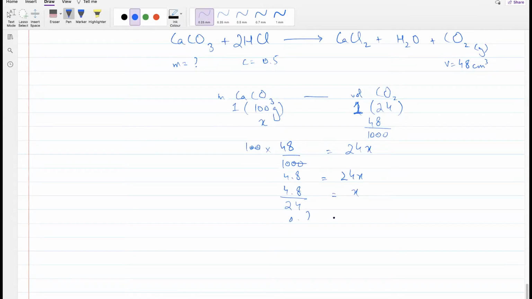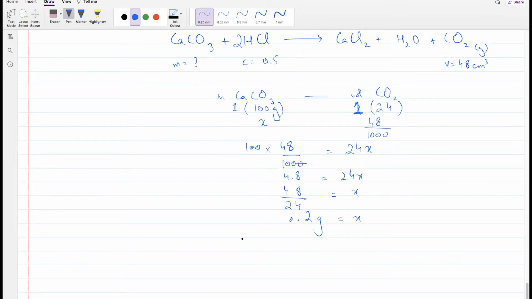That is 0.2. So this is telling me that actually only 0.2 gram calcium carbonate was present, because only that reacted. No? If it was more than that, it would have produced more volume of gas, but it did not. So 0.2 gram calcium carbonate is responsible for 48 cm cube of gas that was collected.